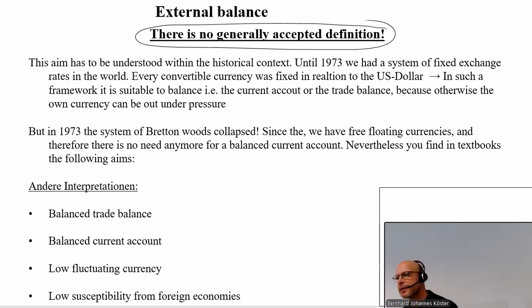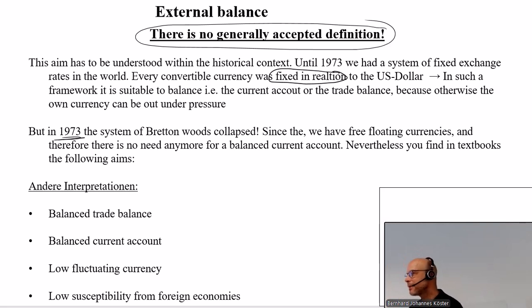And in the 1960s, we had another global framework of international economy compared to our actual situation. The main difference was that after World War II, we started with a system of fixed exchange rates. This system lasted until the middle of the 1970s.